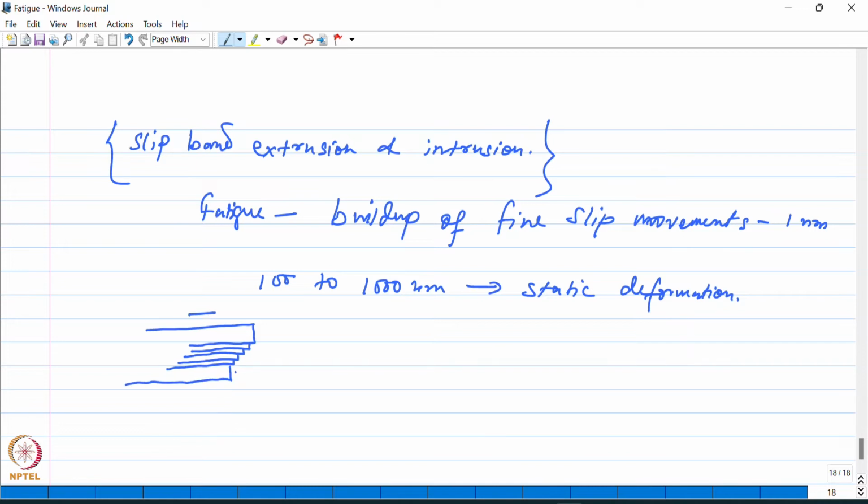So in static deformation, this kind of contour will form on the surface of the material.